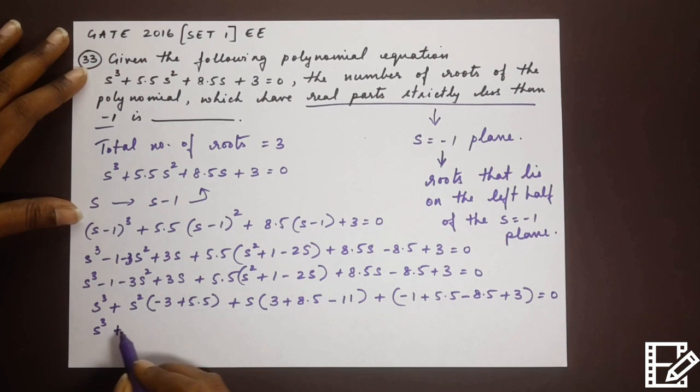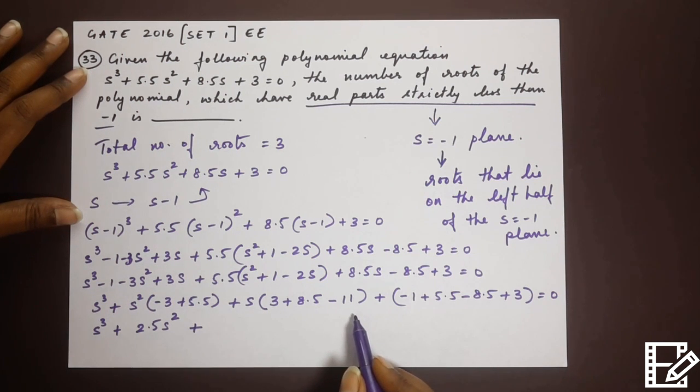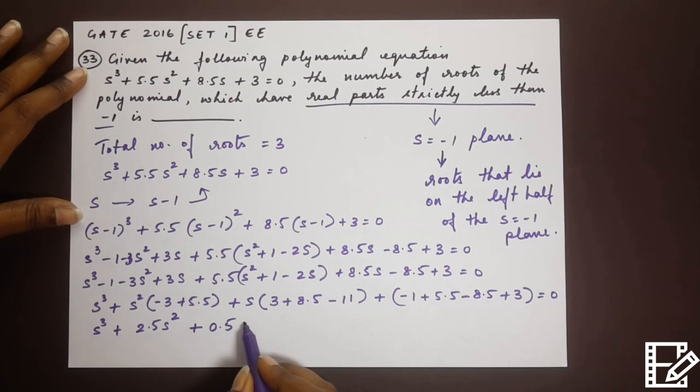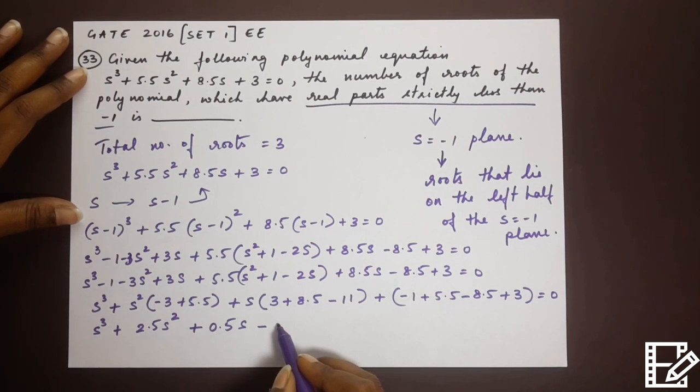So, that's s cube plus 2.5s square plus, that comes around to 0.5s minus, okay, what do we have here? That's 5.5 minus 8.5, and that's, okay, so it comes to 1 is equal to 0. Okay, so this is our resulting polynomial equation.